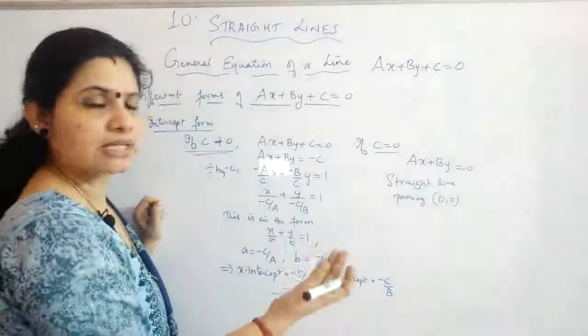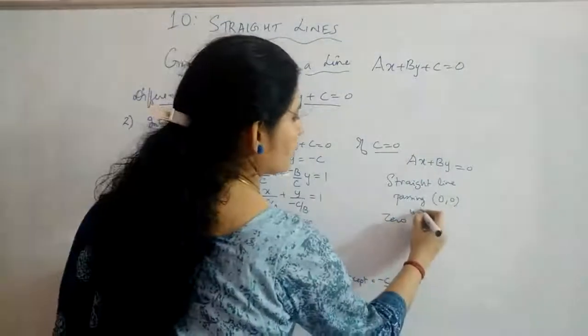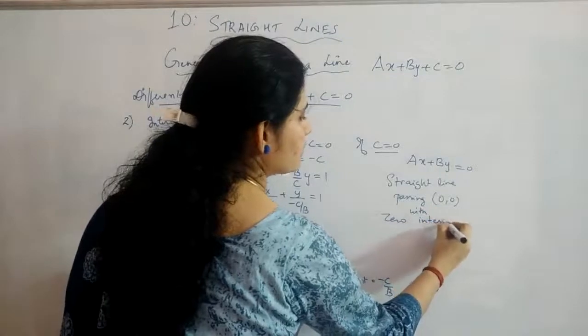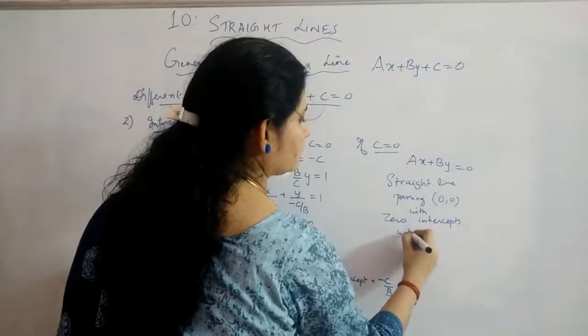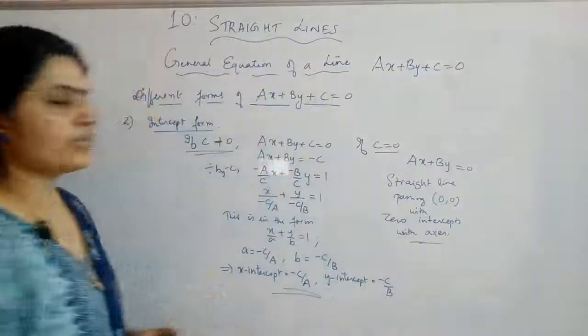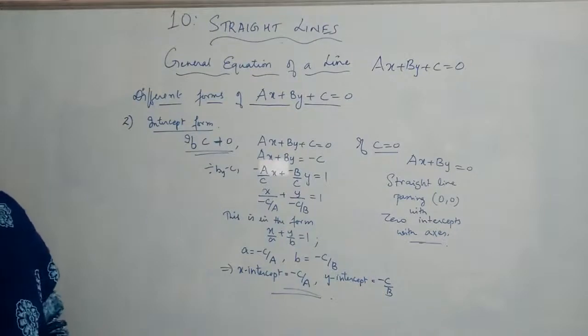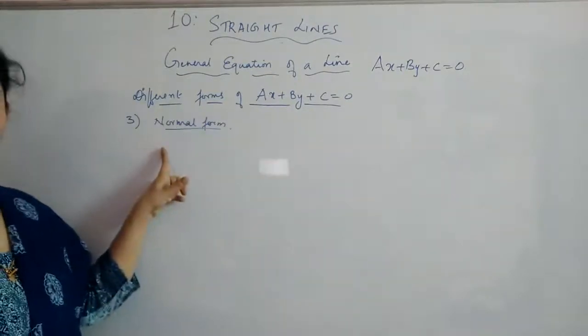X intercept and y intercept will be 0. So when c is equal to 0, you will have a straight line passing through the origin with 0 intercepts on both axes.